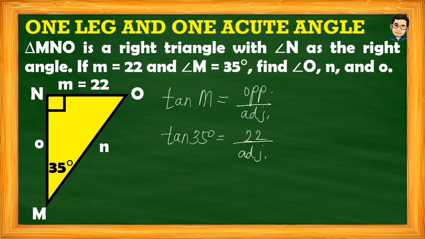Ganun ulit ang gagawin natin. So, adjacent side, yung 22 over O. Okay, so dito, M over O. So, magiging ganito siya.